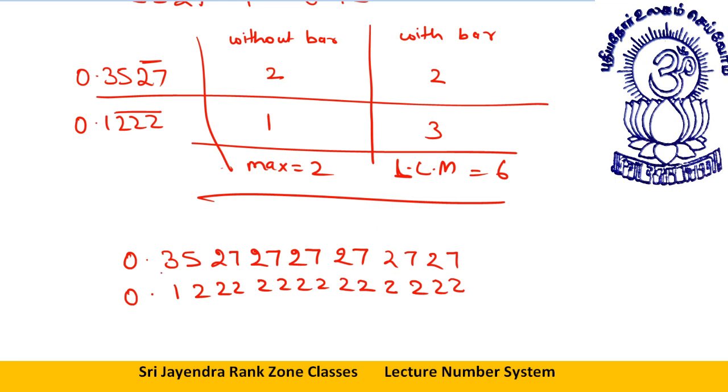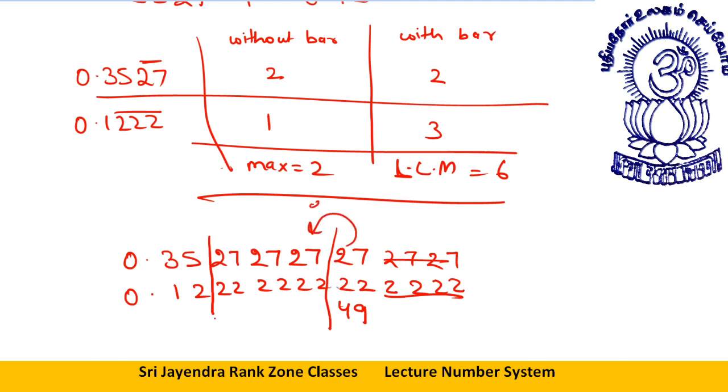Now what we need to do is, first of all, two places without bar. Maximum two, so I'll discard two. Now the LCM of 2 and 3 is 6. 1, 2, 3, 4, 5, 6. I'll write it over here like this. This part is for rejection, removal. But just for the sake of adding, let's say I add these two, 27 and 22, 49. Nothing is being carried. 0 is being carried. So you can remove this part entirely.